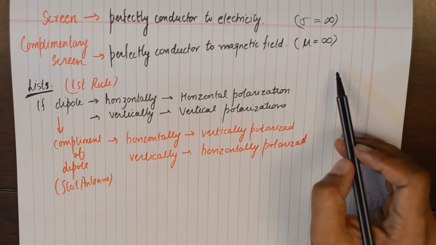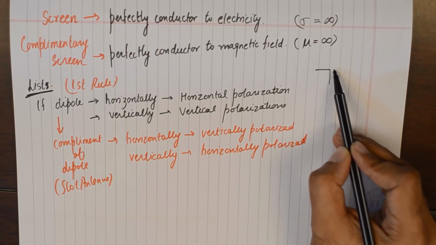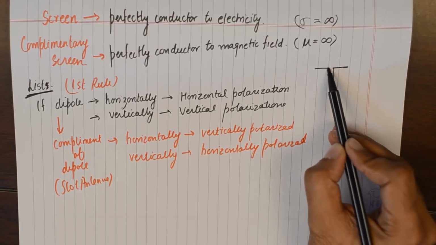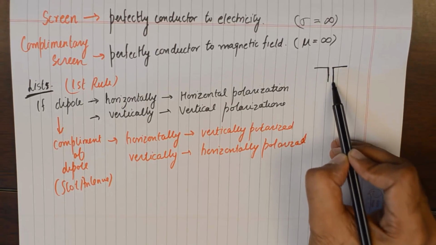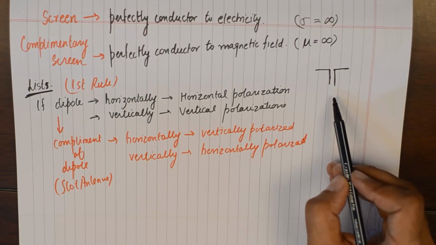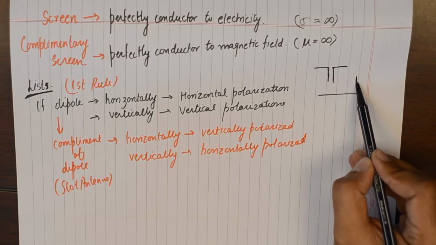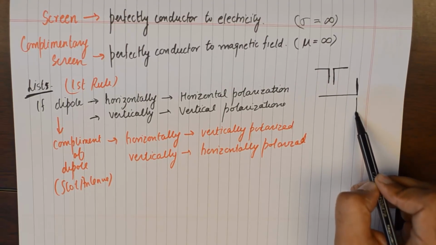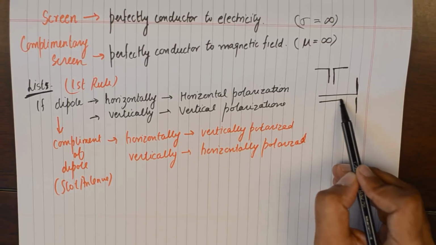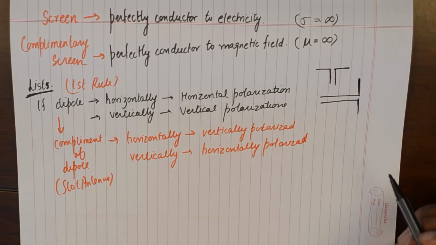A horizontally polarized dipole would be something like this, which will be horizontal to the earth, and a vertically polarized dipole would look something like this. The wire of the dipole will be perpendicular to the earth.